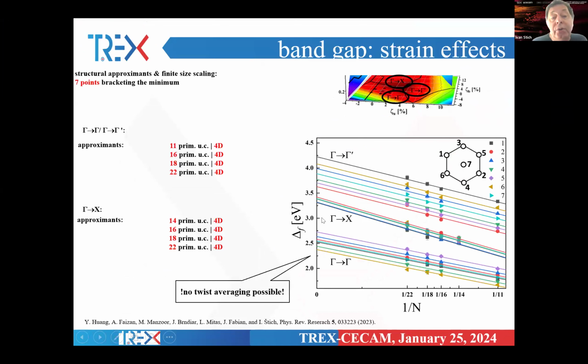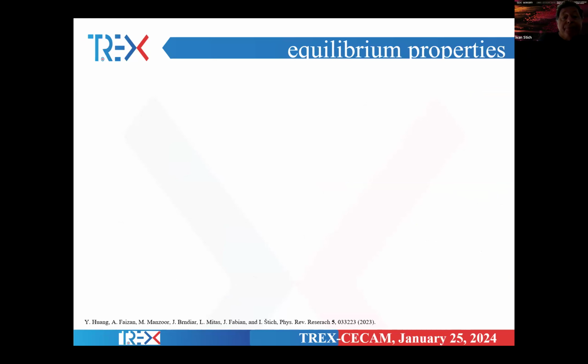I would like to remind you that there is no twist averaging here, which makes these calculations really expensive, because I really need to take an electron from a particular K point and put it in a particular K point. So no twist averaging would help us here. That's what makes these calculations numerically very, very expensive.